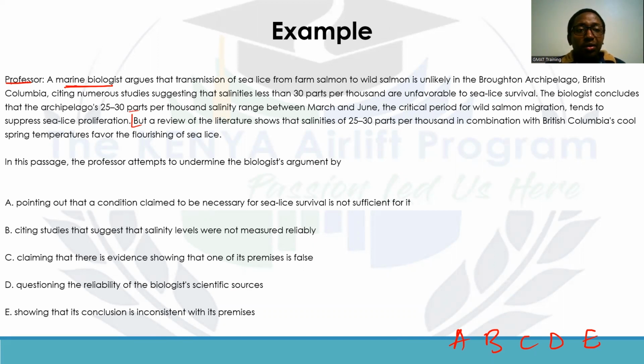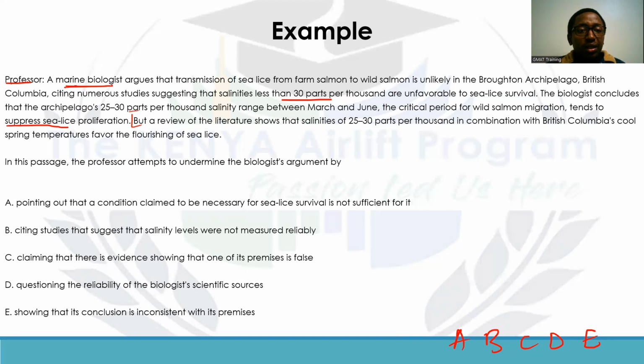The marine biologist argues that transmission of sea lice from farm salmon to wild salmon is unlikely in this area of British Columbia, citing numerous studies suggesting that salinities less than 30 parts per thousand are unfavorable. Then concludes that archipelagos with 25 to 30 parts per thousand salinity between March and June tend to suppress sea lice.